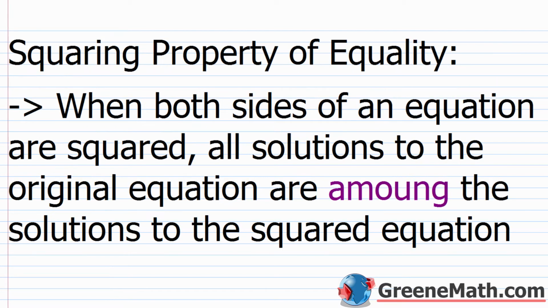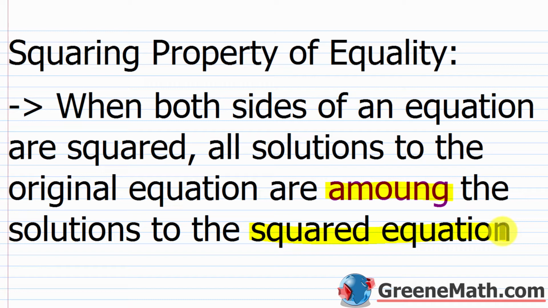So the squaring property of equality, there's one little hiccup to this. When both sides of an equation are squared, all solutions to the original equation are among the solutions to the squared equation. Now, that seems like it's not a big deal, but it really kind of is.